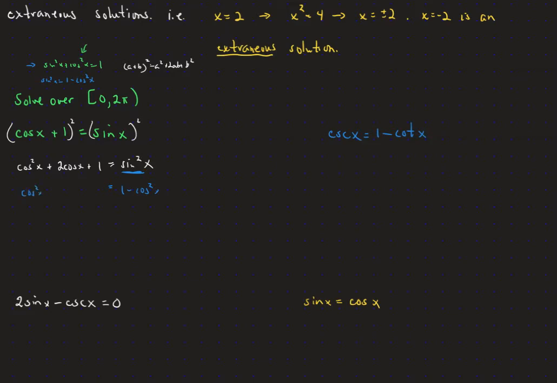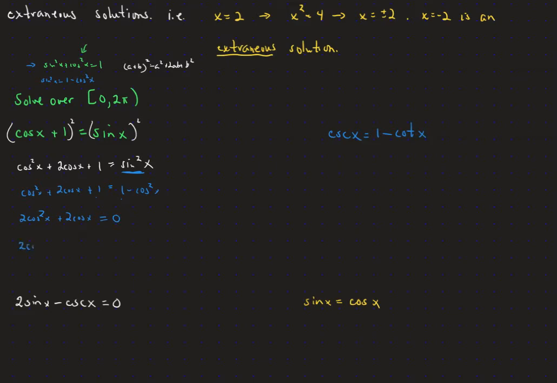Now our equation has only one trig function, so we can proceed. I'm going to add the cosine squared to the left side, making 2 cosine squared x. We still have that 2 cosine x. We subtract the 1's and they drop out, and that gets us to 0.